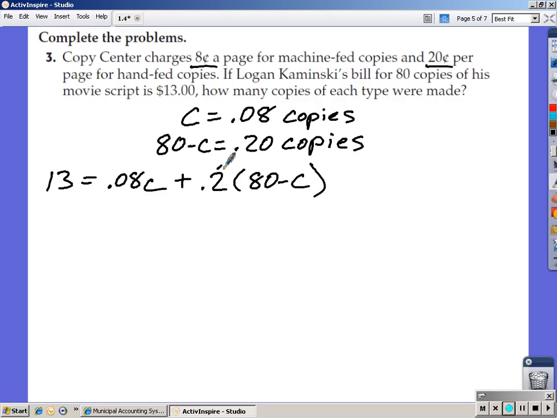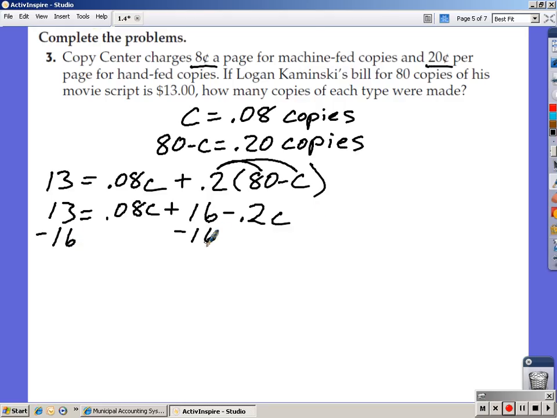I'm going to have to do distributive property. Okay, so let's work this out. 13 equals 0.08C plus 0.2 times 80 is 16 minus 0.2C. Subtract 16 from both sides.